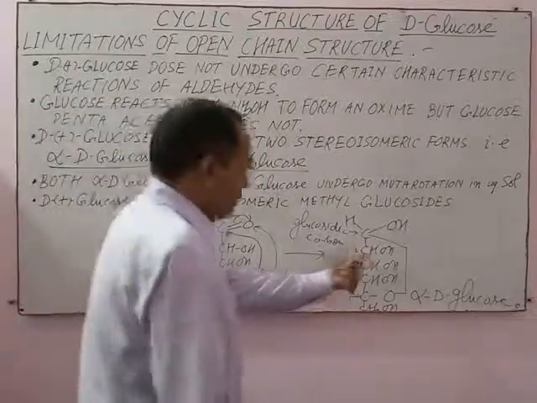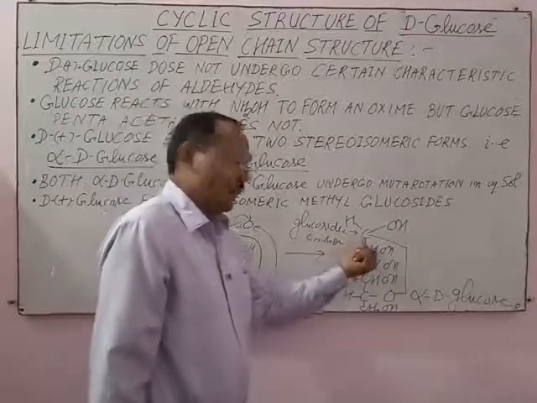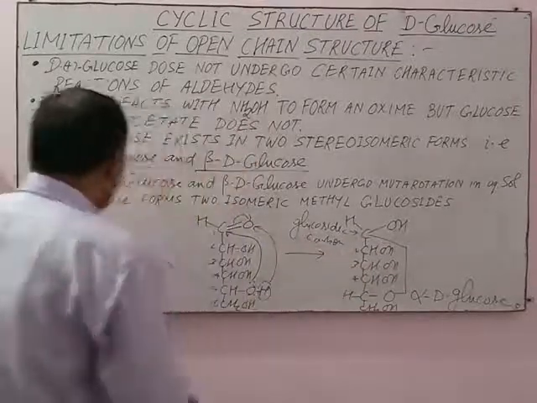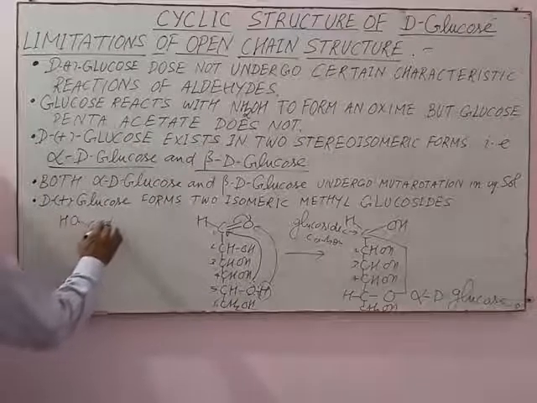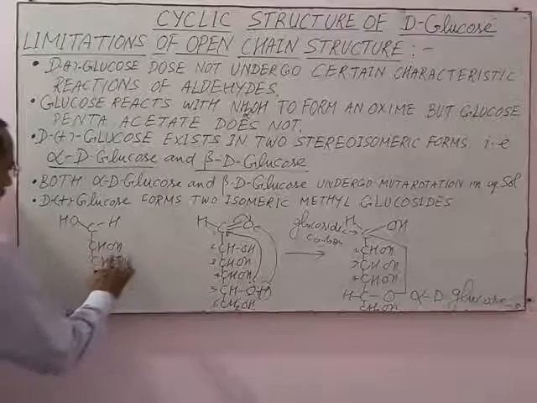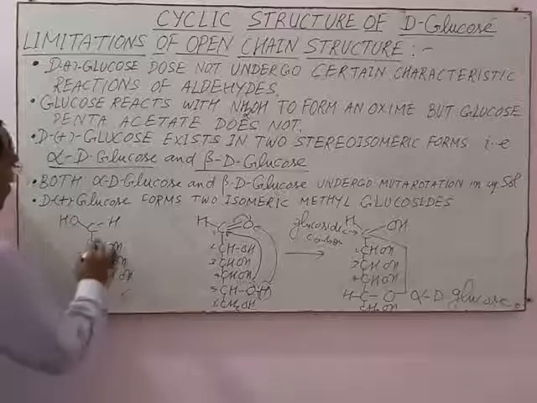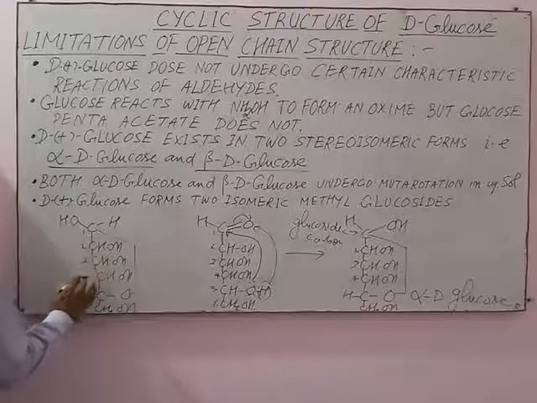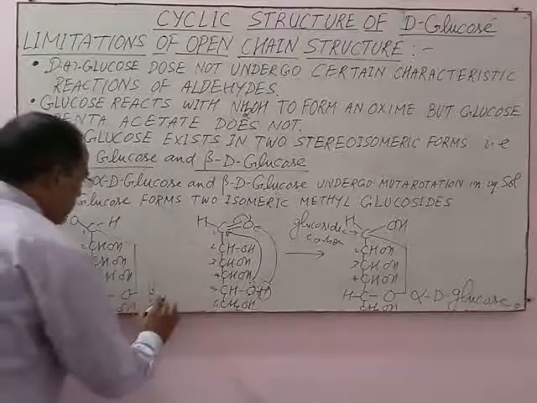And when the OH group is present on the left side of the anomeric carbon, that is called beta D glucose. This is beta D glucose.